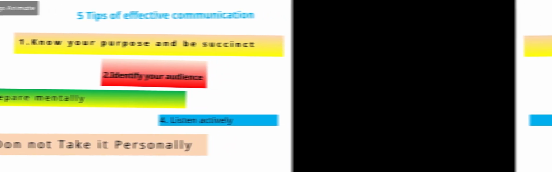The fourth tip of effective communication is listening actively. It will help you to let other participants know what they are saying. And it is very important to give due attention to your listeners. The last component of the tips of effective communication is not taking it personally.